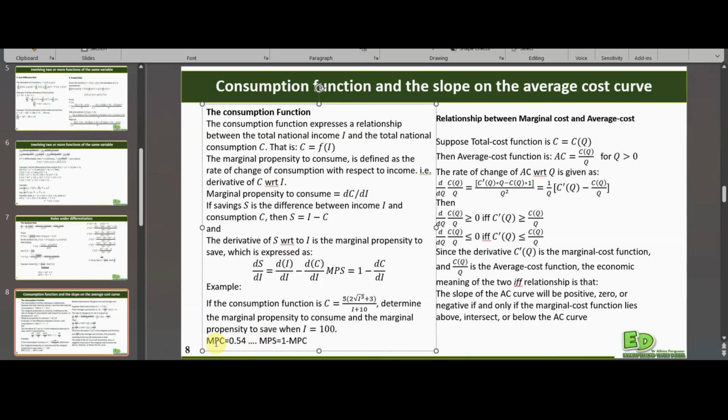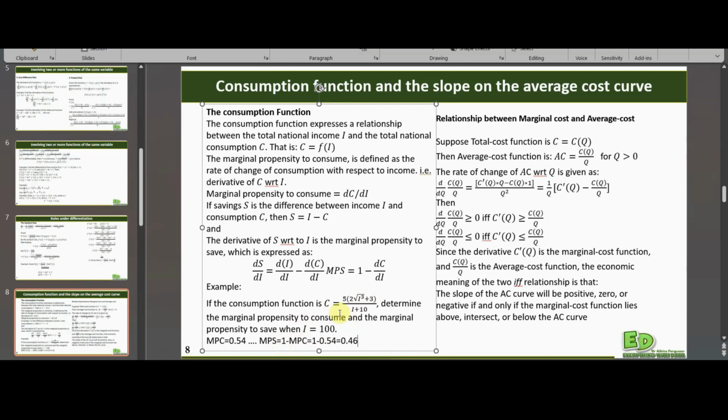So marginal propensity to consume is 0.54. Therefore, we can find the marginal propensity to save to be 1 minus MPC, and that is equal to 1 minus 0.54, and that is equal to 0.46, right? 0.46.